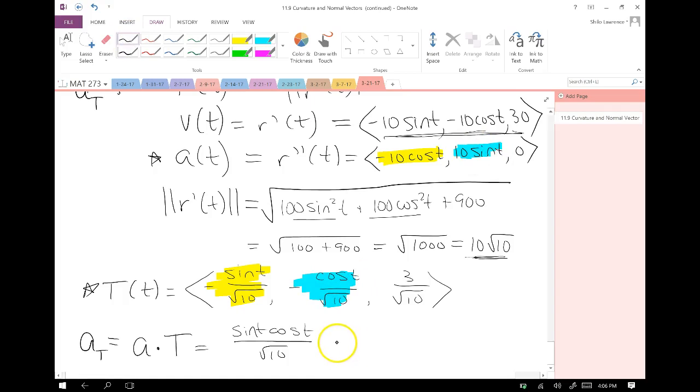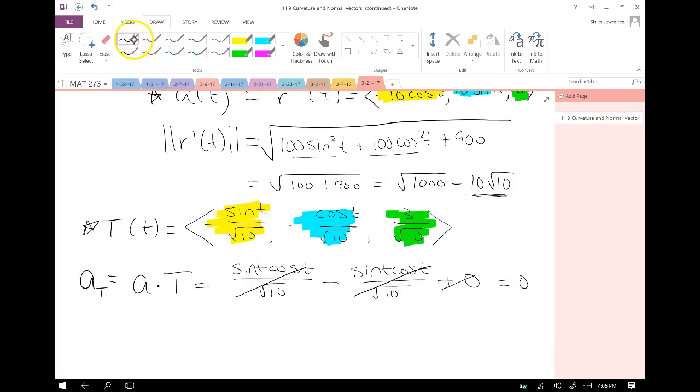That's going to be a negative sine t cosine t over radical 10. And then multiply your k components together. And that is going to be plus 0. And these two terms are exact opposites. And then plus 0, we get 0. So a sub t is just 0.